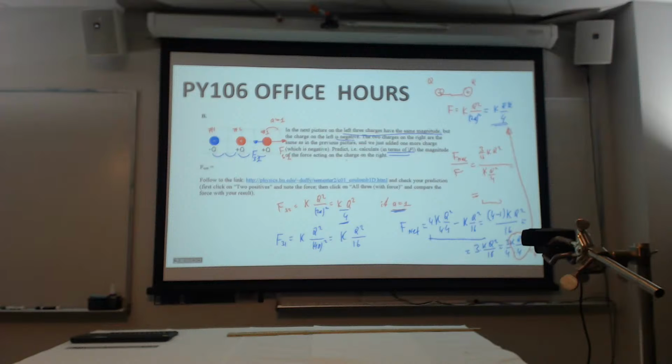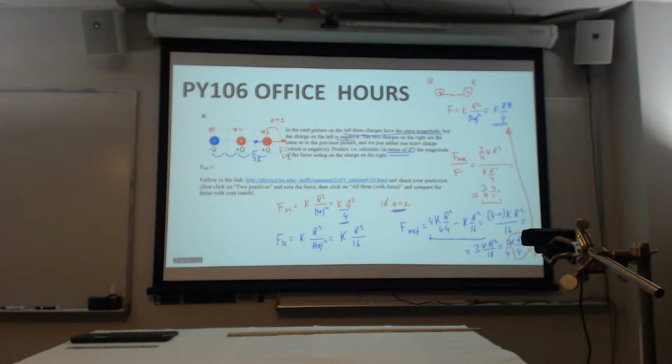I'm confused. I mean, the Q's would cancel and the K's would cancel. So it would be 3 over 16 times 4 over 1. Well, if you simplify it even further, that's equal to what?